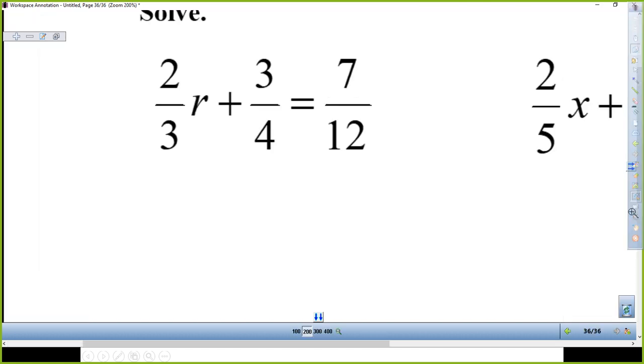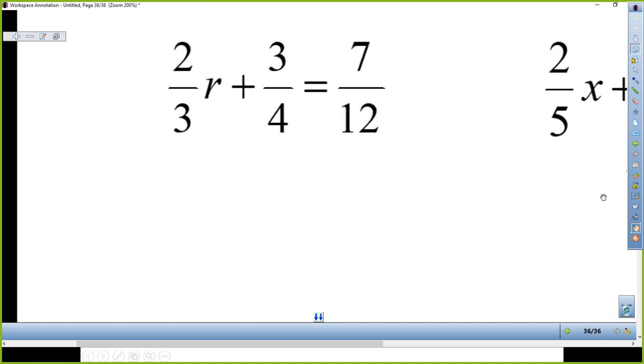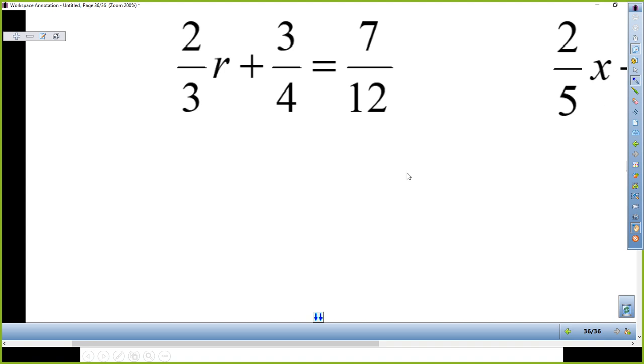So here goes the process that I showed some of you, and some of you already know. To get rid of fractions, we need to first identify the common denominator. Look at these three denominators, 3, 4, and 12. What's our common denominator? The common denominator is 12, and I need to multiply the entire equation times 12, but I'm only multiplying the numerators.